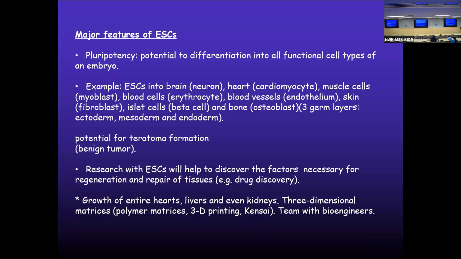Let's say we have embryonic stem cells and we use them with cocktail A to make cardiac myocytes, cocktail B to make endothelial cells, and we keep growing on the cocktails and we can produce 3D structures. And that has been done with embryonic stem cells. For example, we grow kidneys, livers. A few days ago, I read about making trachea, but I don't remember. I think it was made out of embryonic stem cells.